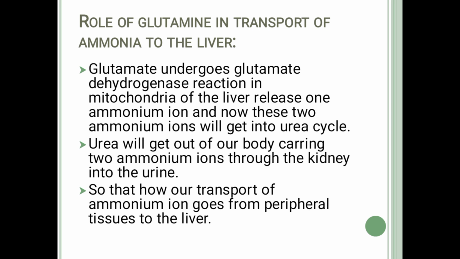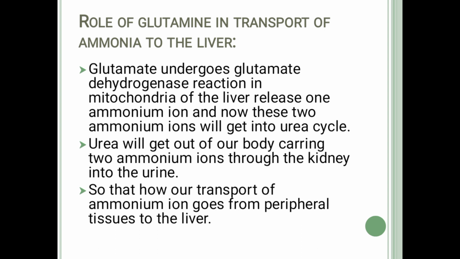And now what happened to the glutamate? Glutamate undergoes the glutamate dehydrogenase reaction in the mitochondria of the liver and releases one ammonium ion, and now these two ammonium ions will get into the urea cycle, and urea formation goes on in the liver.